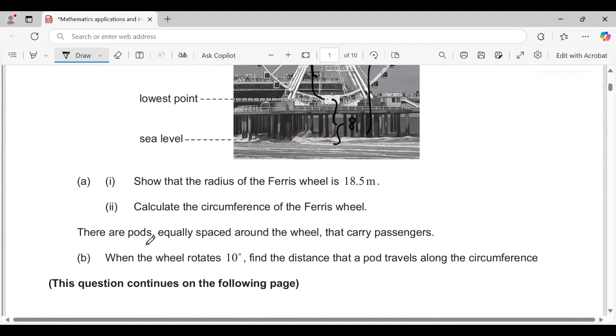There are ports equally spaced around the wheel that carry passengers. When the wheel rotates 10 degrees, find the distance that a port travels along the circumference. If 10 degrees, it means like this. We are going to find this distance.